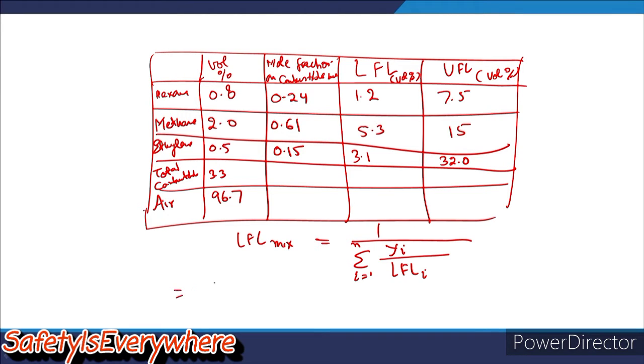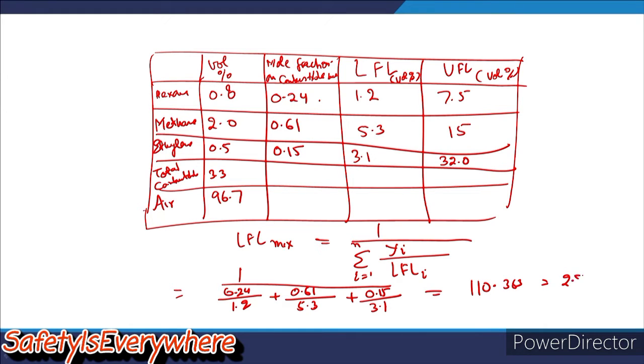So if we calculate, it is 1 upon 0.24 divided by 1.2, the LFL of the individual component, then methane with a mole fraction of 0.61 and LFL of 5.3, then ethylene with a mole fraction of 0.15 and LFL of 3.1, which equals 2.75% by volume total combustible. So this is the LFL.